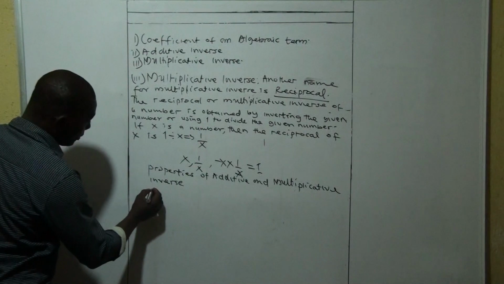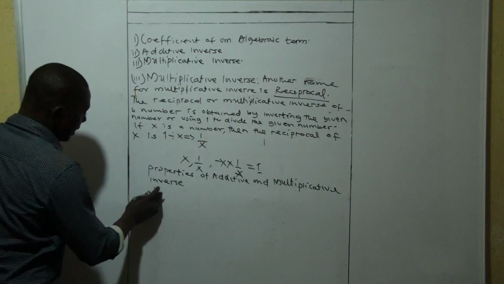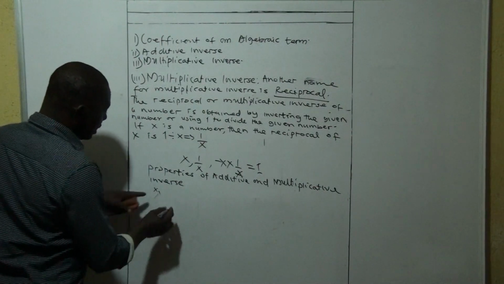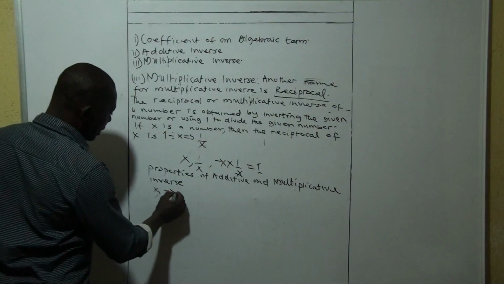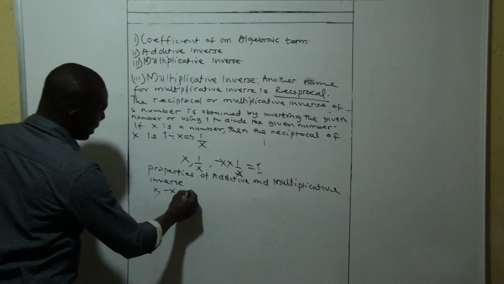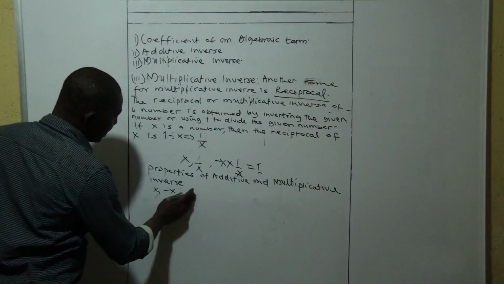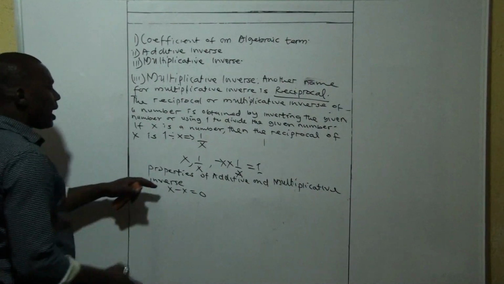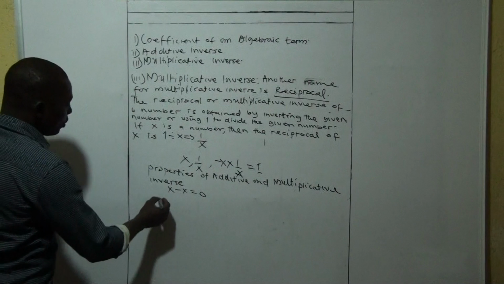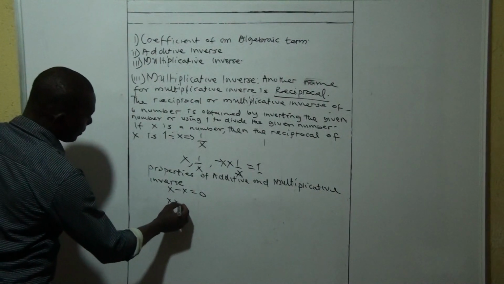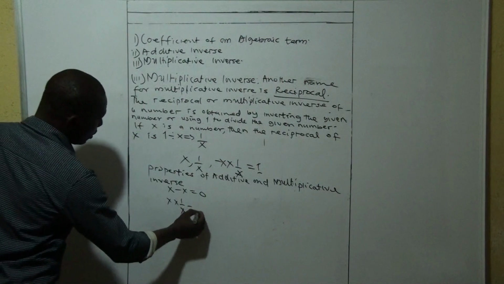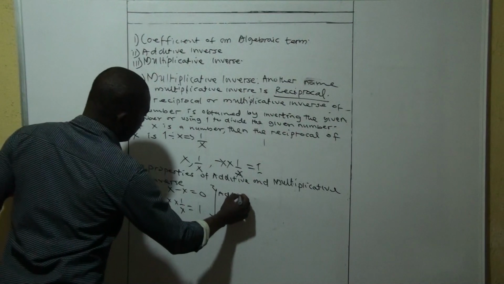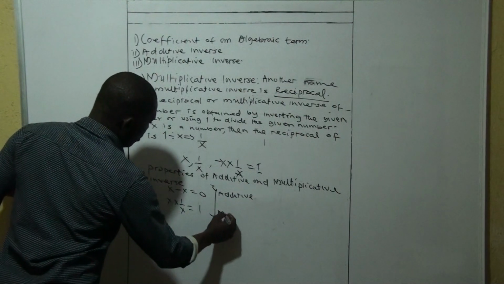So if X is a number, then the additive inverse of X will be minus X, so that X minus X will give us 0. And if X is a number, then the multiplicative inverse of X will be 1 over X. So X times 1 over X will give you 1. These are the properties. This is for additive, and this is for multiplicative.